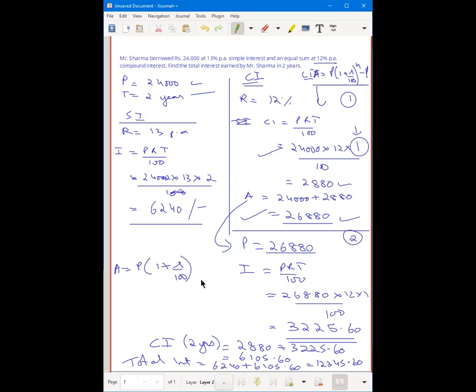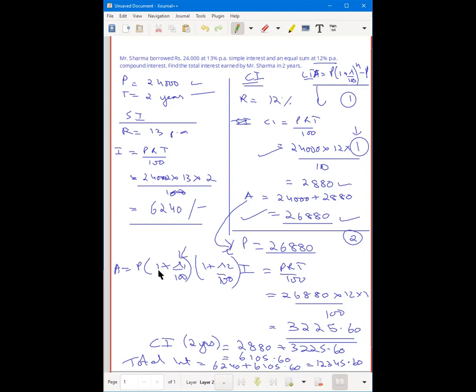Why did you do that? Why is the rate of interest for the first year and second year separate? That you're doing R1 into 1 plus R2 upon 100. This is only used if the rate of interest changes for every year. Is the rate of interest changing in the first and second year?